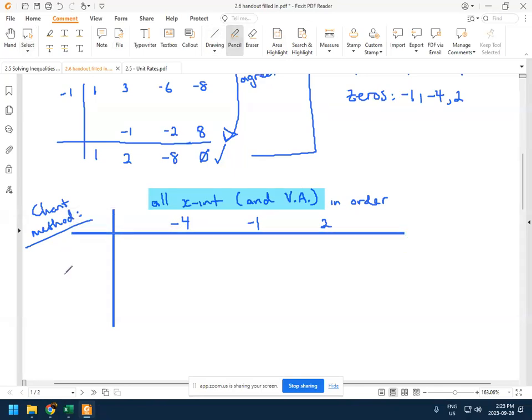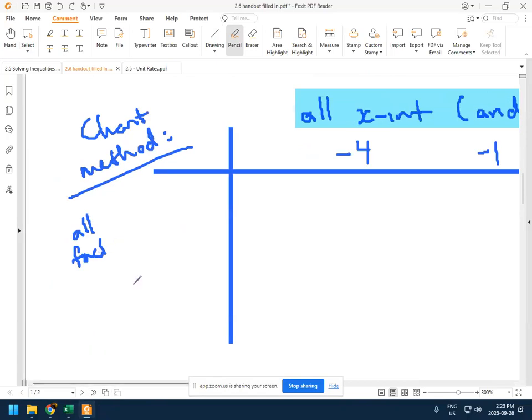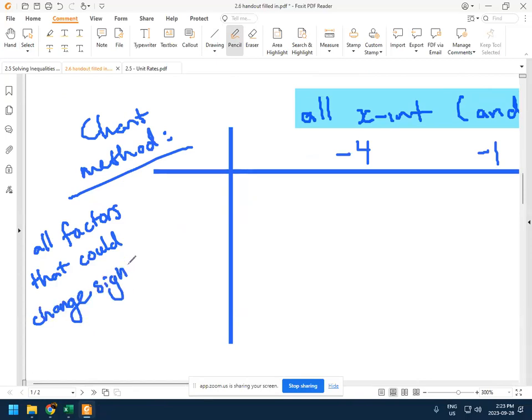On the left side, I want you to add all factors that could change signs. In other words, pluses and minuses.